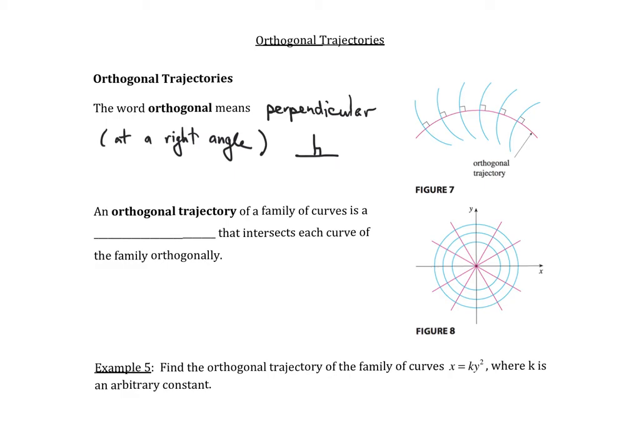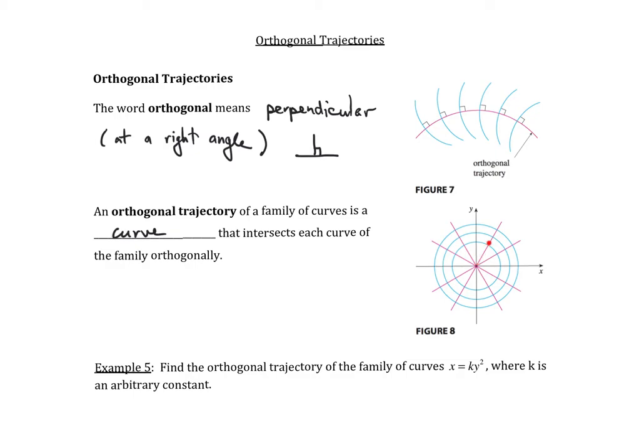So the orthogonal trajectory of a family of curves is a curve that intersects each curve of the family orthogonally. Let's look at the other example on the right. The blue curves this time are circles, and we have a whole bunch of orthogonal trajectories.